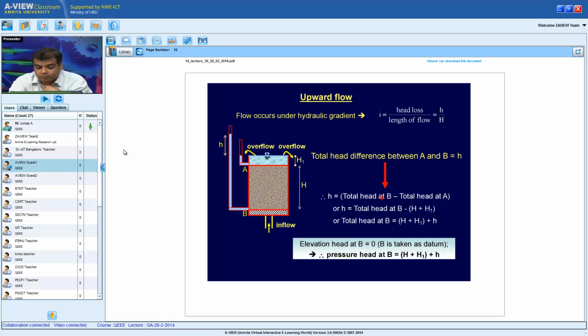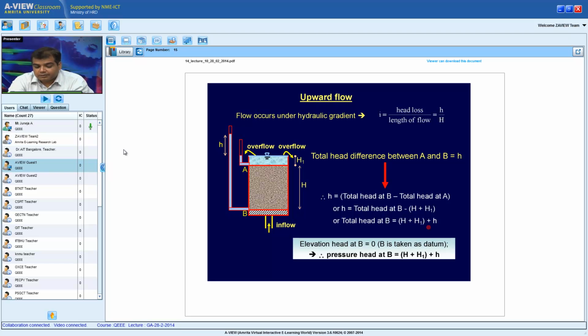So small h equals total head at B minus total head at A, and total head at A is H plus H1. If we follow the same analogy as the last few slides, this whole lot goes on the left hand side: total head at B equals H plus H1 plus small h.